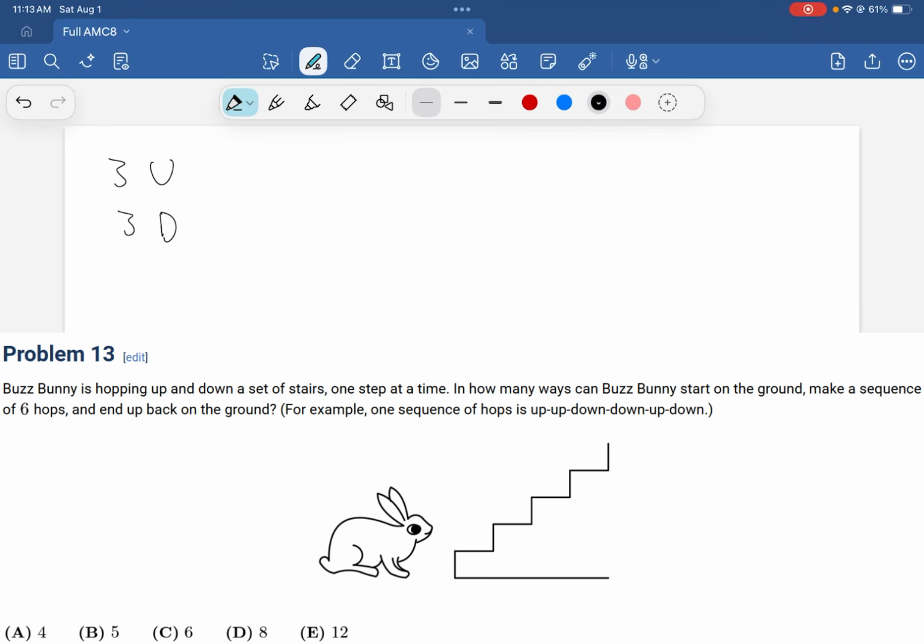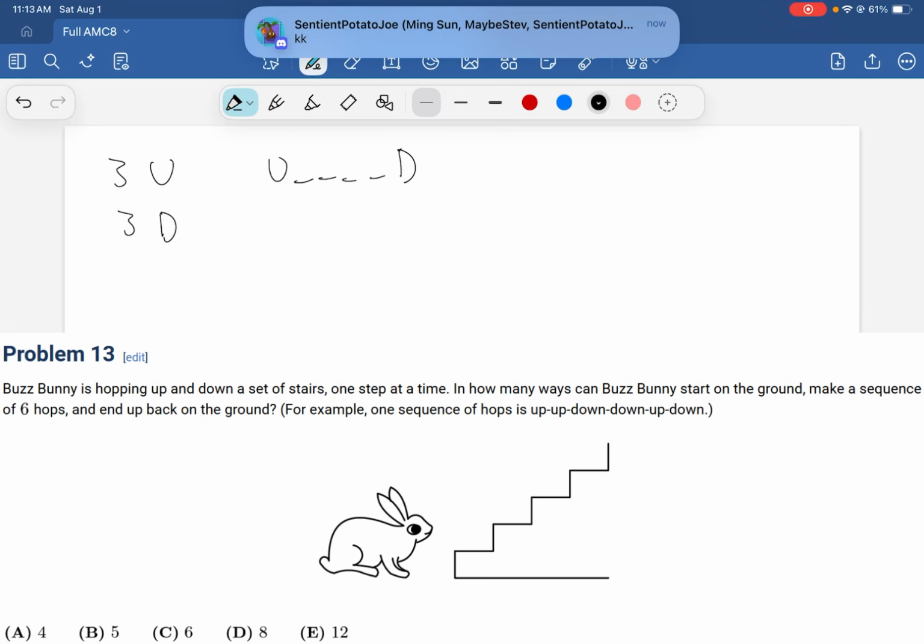So we can just start listing some possible sequences. The first step is always going to be U, and the last step is always going to be D, because we need to. The second to last step is going to be on the first step, and the second step is going to be also the first step. So we can just start listing.